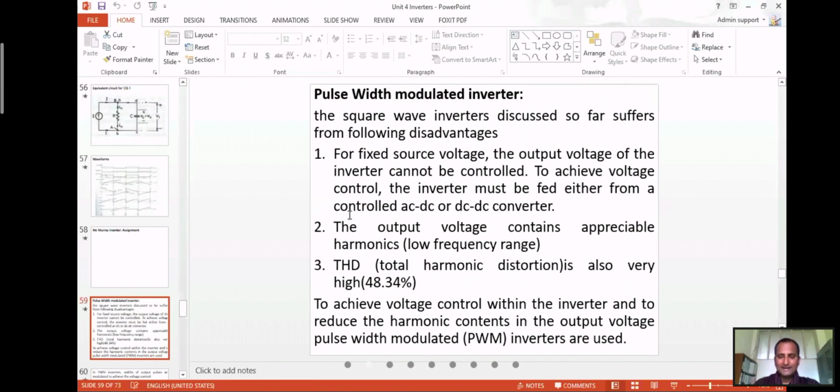You need to have a carrier signal and a reference signal. Just to refresh you, modulation means modulating a signal. If the input signals are weak, then these signals have to be modulated with a carrier signal.